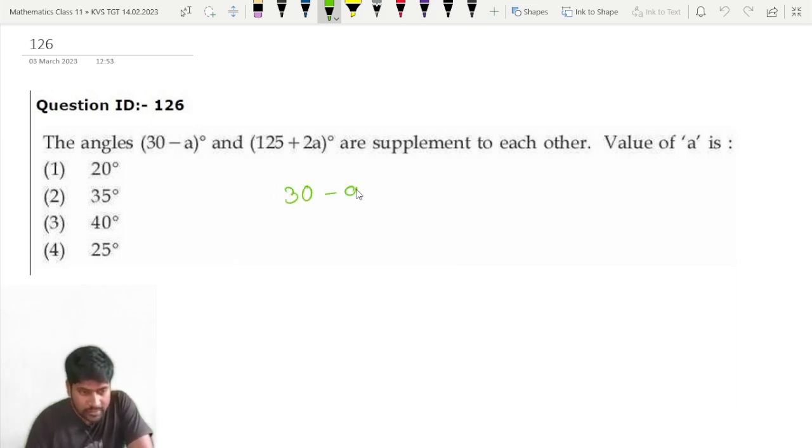So 30 minus A plus 125 plus 2A is equal to 180 degree. That is supplement. So 2A minus A means A, and 125 plus 30 means 155. 155 is equal to 180.